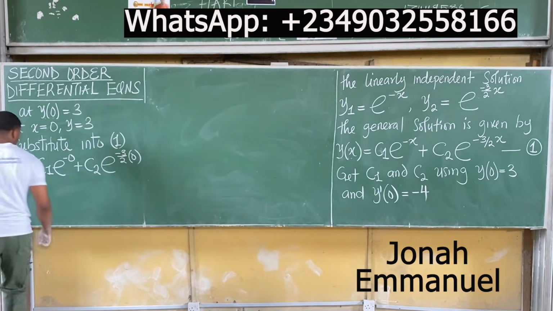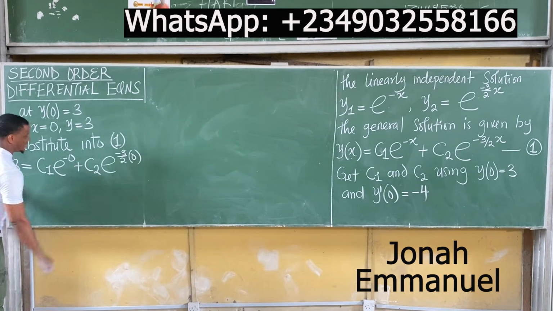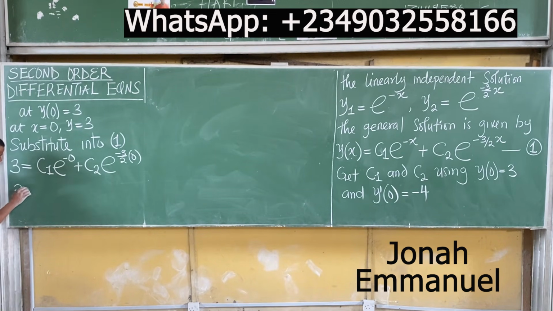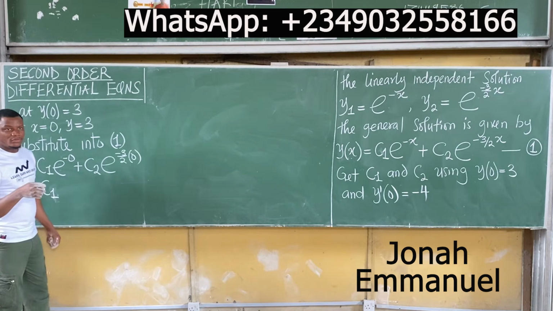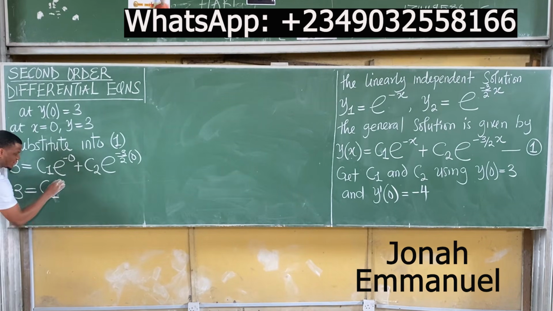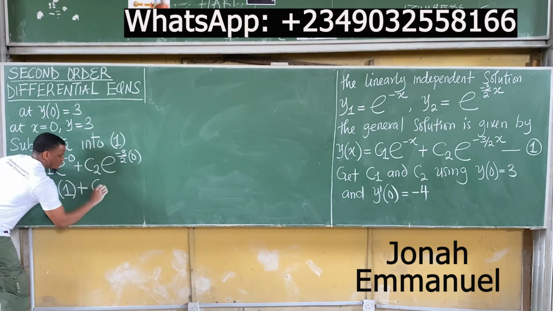So at this point, let's not stress ourselves. This will give you 3 is equal to C1 exponential minus 0. Exponential minus 0 is still the same thing as exponential 0. If you punch exponential 0, that gives you 1. So this gives you C1 plus C2.